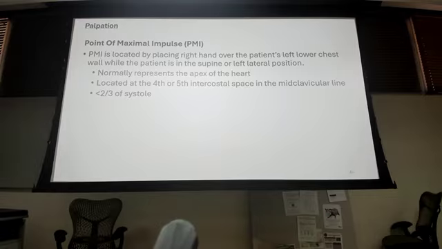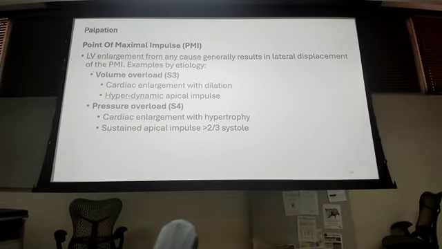Then we talk about PMI, or the point of maximal impulse, which is typically in the fourth or fifth intercostal space, where you're feeling the maximal impulse of the squeeze of the heart. Usually it's at the apex, or the mitral auscultation site, where you hear it best. If you have too much volume, then that PMI starts to move around on you.